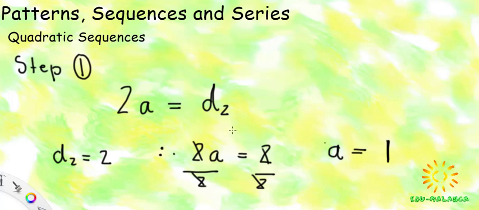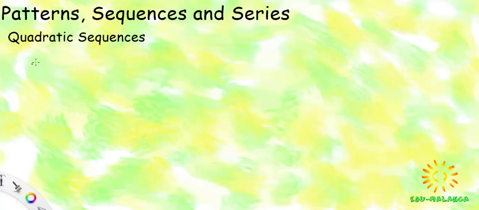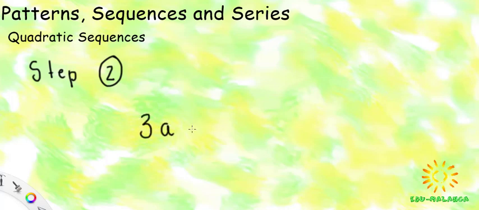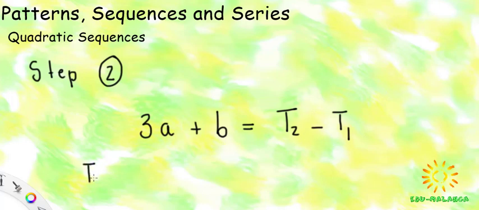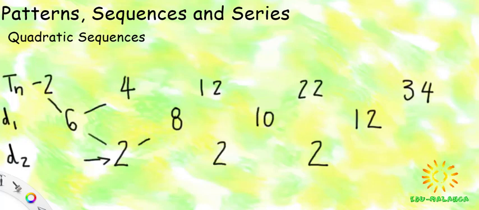We've now solved for a, and then the next step, step 2, we will now solve for b using the equation 3a plus b is equal to term 2 minus term 1. Let's start by solving for term 2 minus term 1. We'll say term 2 minus term 1, that's equal to, come back to the quadratic sequence. Term 2 is 4 and term 1 is negative 2.